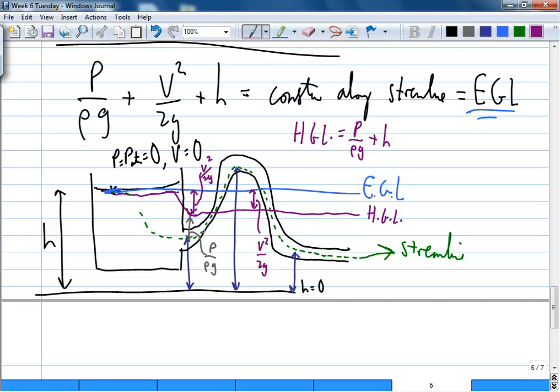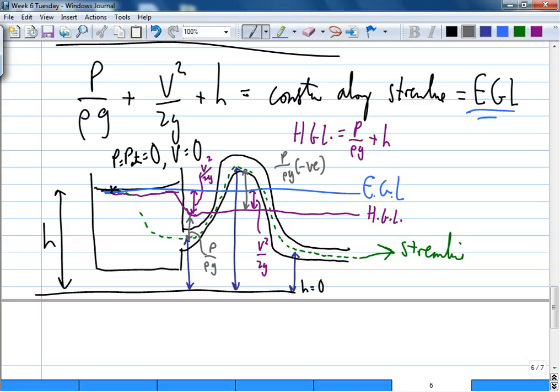This gray part, P over rho G, is actually negative. Sorry, this one's correct, this one's wrong. So we have this minus this plus this to get to the EGL.